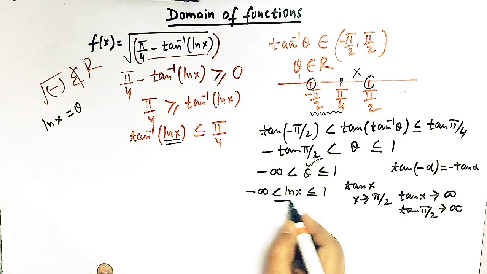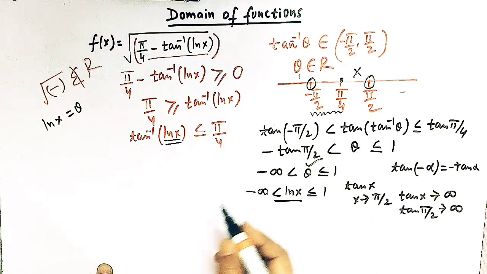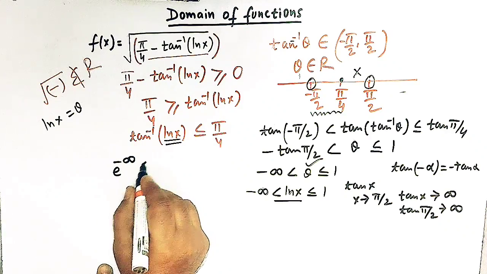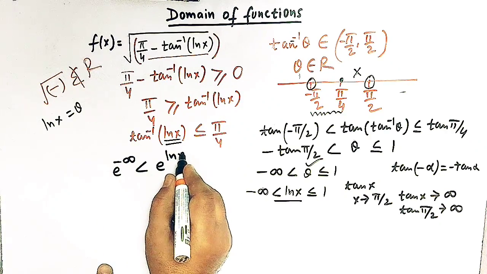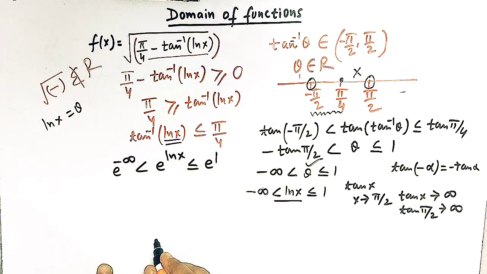So now to solve this inequality, let us raise the three quantities as powers of e. So we have e raised to minus infinity, then e raised to natural log of x, and here we have e raised to 1, right?